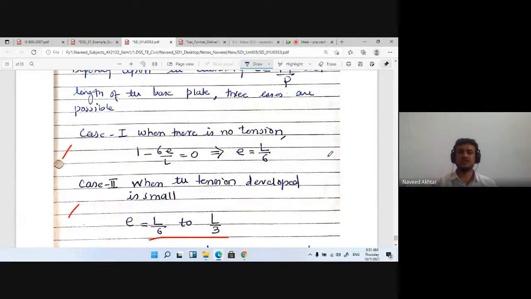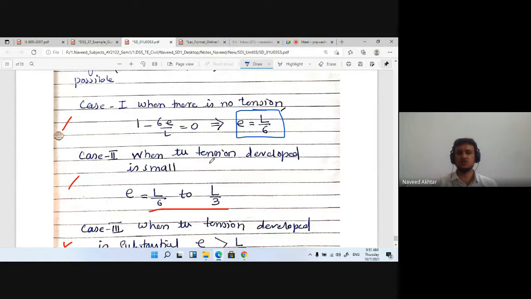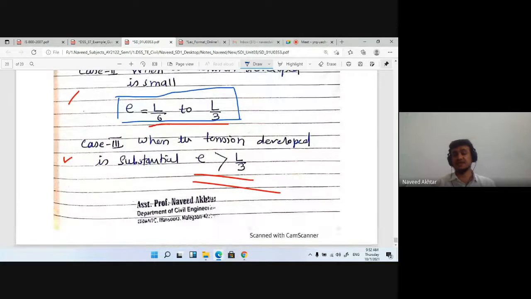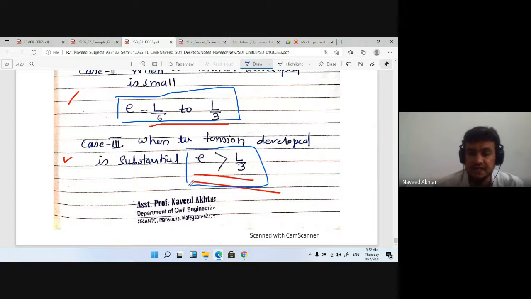When there is no tension, then E is less than or equal to L by 6. And when the tension developed is small, then E will be in between L by 6 and L by 3. And when the tension developed is substantial or large, we can say that E is greater than L by 3.